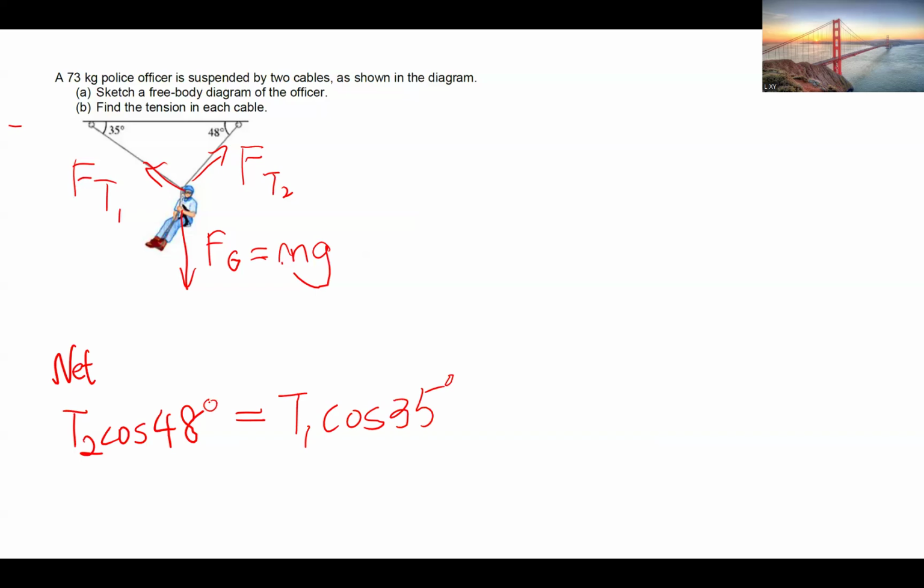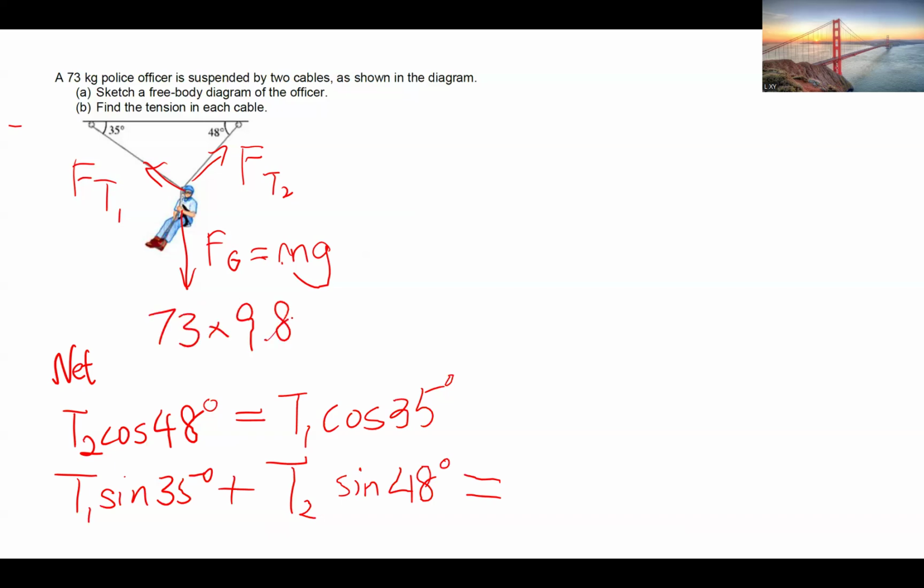And the net force on y is T1 sine 35 plus T2 sine 48 degrees, which equals the downward force, calculated by 73 times 9.8, which gives us 715.4.